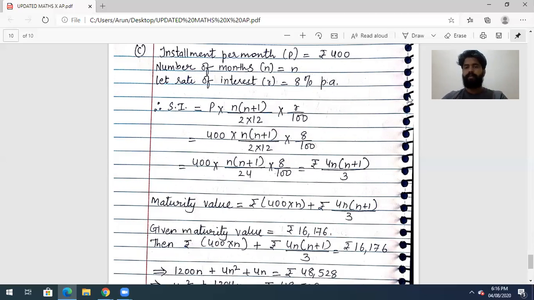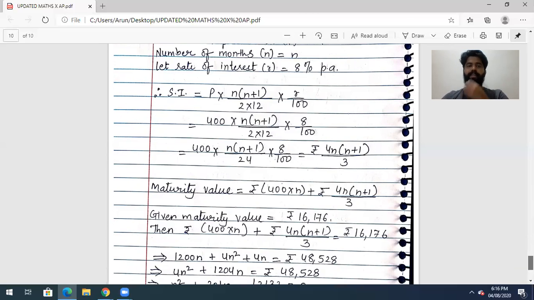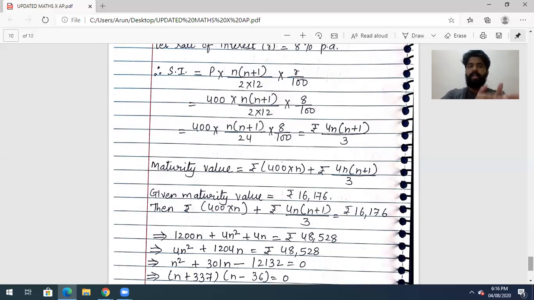Again, apply the formula for interest. So we have I is equal to P into N plus 1 upon 2 into 12 into R upon 100. When you make the substitutions, you will get 400 into N plus 1 upon 2 into 12 into 8 upon 100. We have 400 into N plus 1 upon 24 into 8 upon 100.